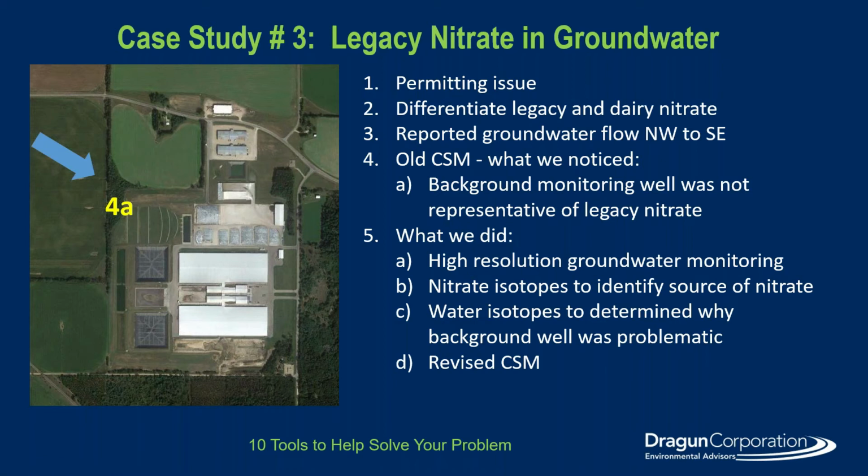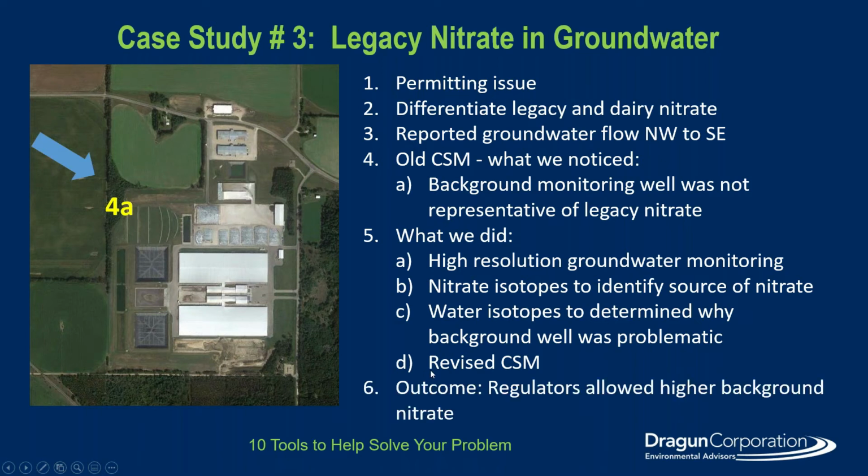That's why the background monitoring well had a very low nitrate concentration. So we were able to revise the conceptual site model, and the outcome was that the regulators allowed a higher background nitrate value so that the dairy could operate in a realistic situation.